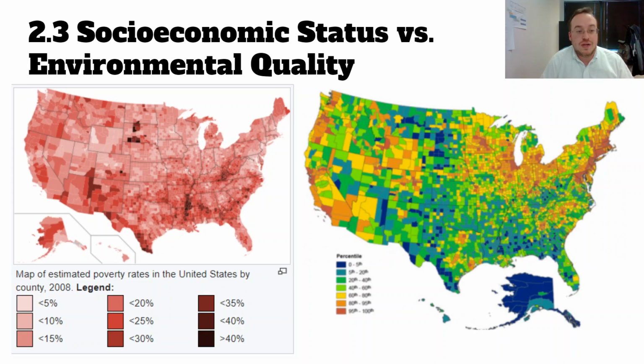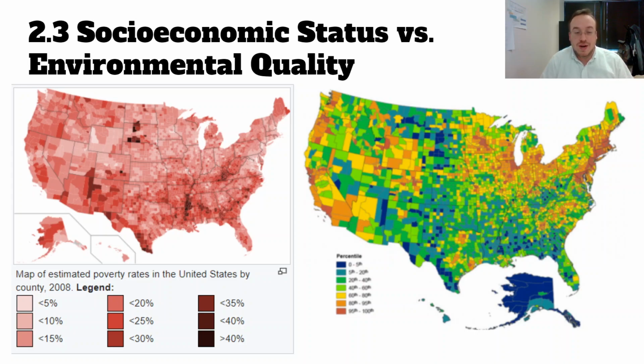A couple of things to note there are that if there's only 100 people in an area, it will take fewer actual individuals to make the area be more or less impoverished.